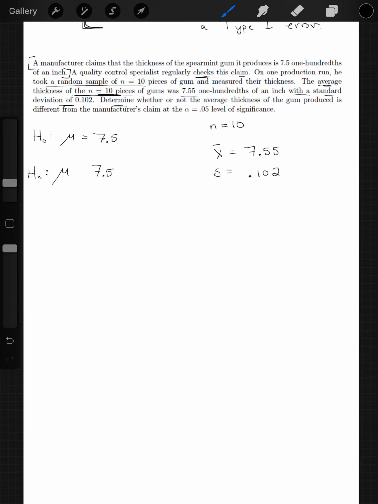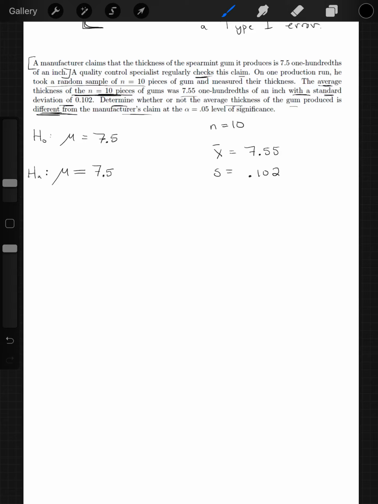We still haven't gotten that alternative hypothesis, but we have one more sentence left to go. Right? So it says, determine whether or not the average thickness of the gum produced is different from the manufacturer's claim. Right? So it doesn't say less than, it doesn't say more than, it doesn't give any sort of comparison words.